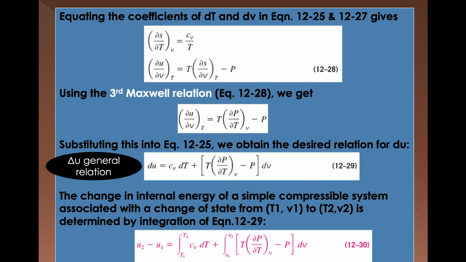Equating the coefficients of dT and dV in equations 12-25 and 12-27 gives this equation below. By using the third Maxwell relation, we can get this correlation. After we have rearranged it, we can relate it with the third Maxwell relation, so we get this definition.